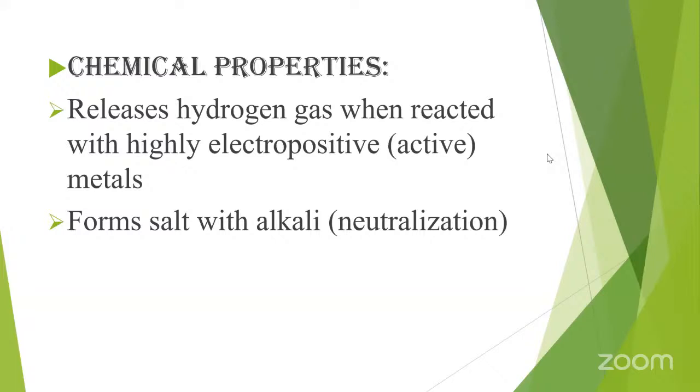If you react such with an acid, then we can have evolution of hydrogen gas. And this reaction is one thing we should be very careful of. Do not try this under home condition, because the release of hydrogen gas, if care is not taken, may lead to explosion. So be careful when you're carrying out an experiment.